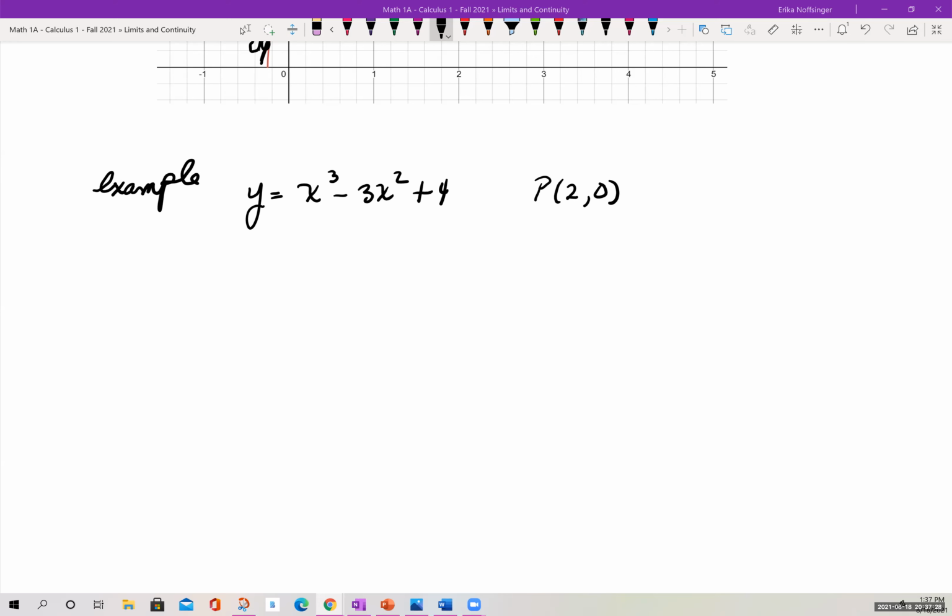So we know that we want to find the slope of the tangent line. We also then need to find points or values that are close to the x value that we're looking at. So we want to choose x values close to 2.